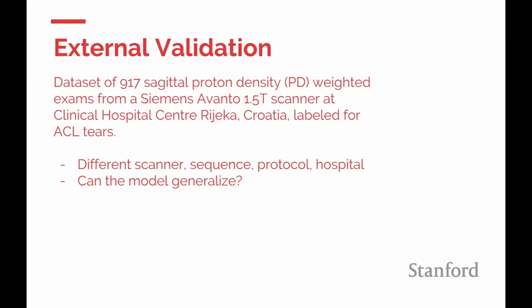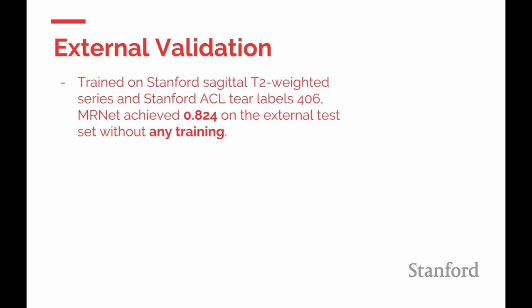And so we got this data set that's public from a hospital in Croatia. And here's how it was different. It was a different kind of series, so different magnetic properties. It was a different scanner, and it was a different institution in a different country. And we asked, okay, what happens when we run this model off the shelf that was trained on Stanford data, but tested on that kind of data? And we found that it did relatively well without any training at all.